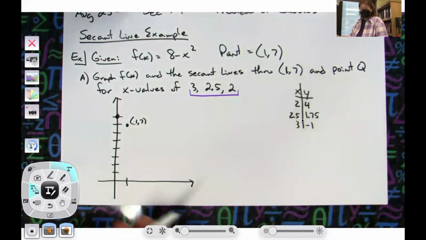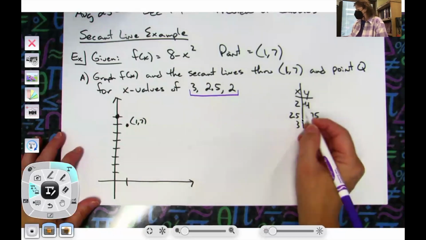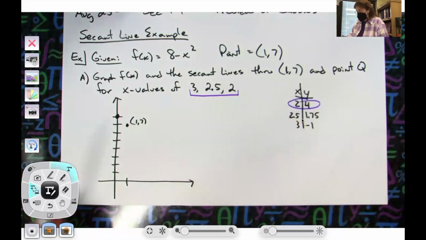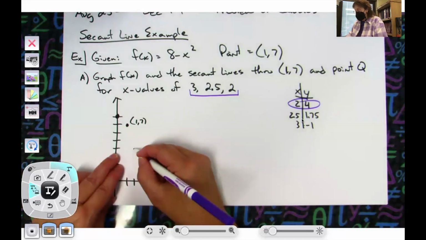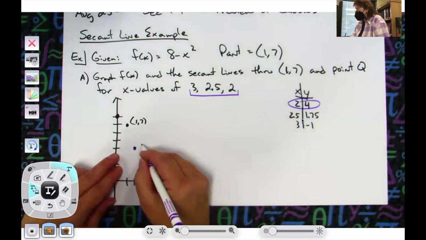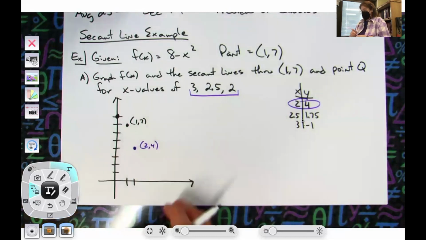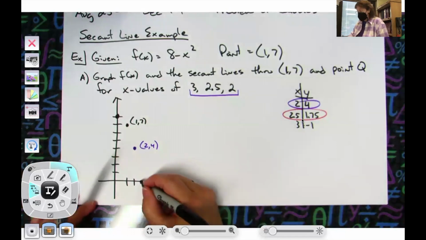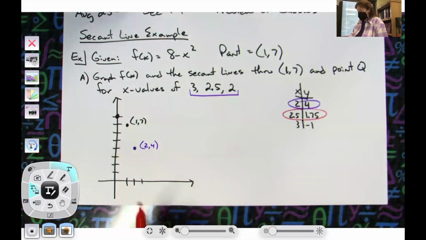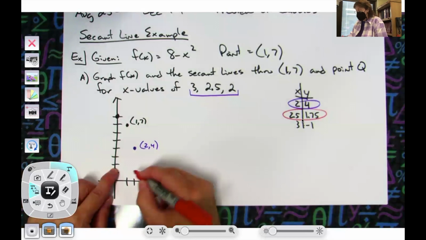Okay, so let's do the 2, 4 point in purple. And again, it's going to be a rough estimate since I'm not really on my graph paper. Let's put the 2.5, 1.75.